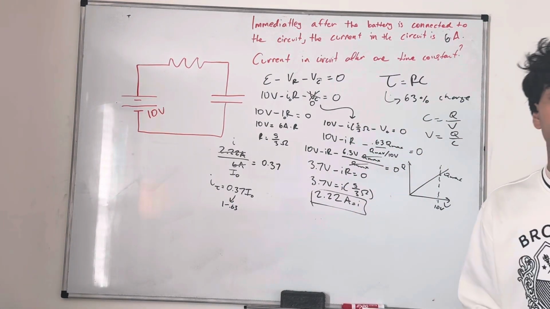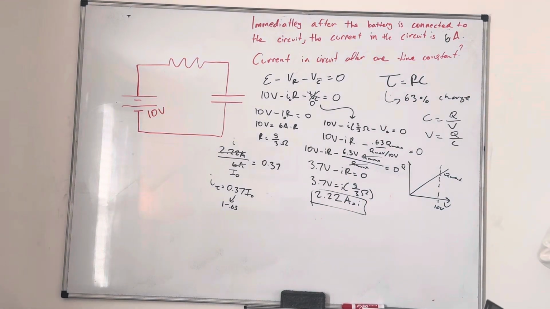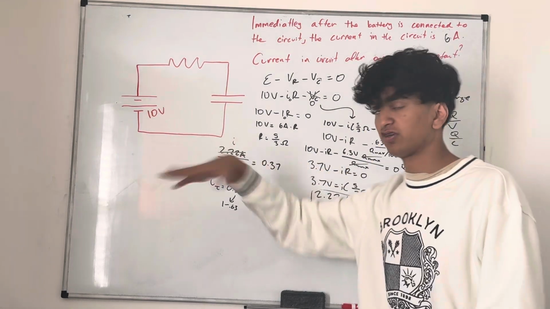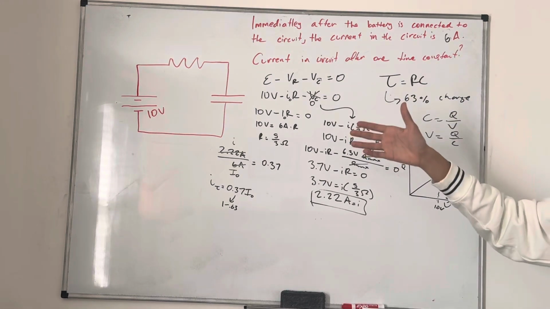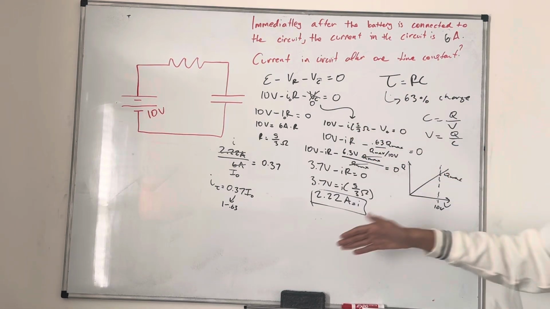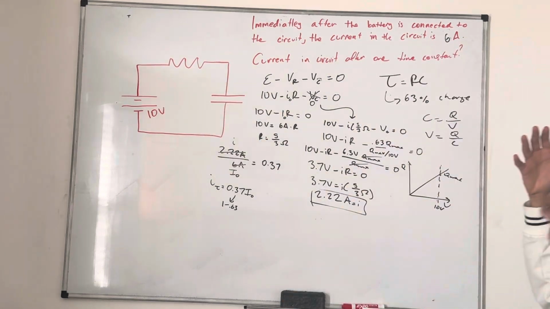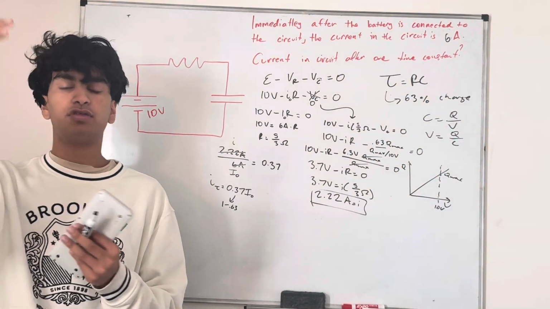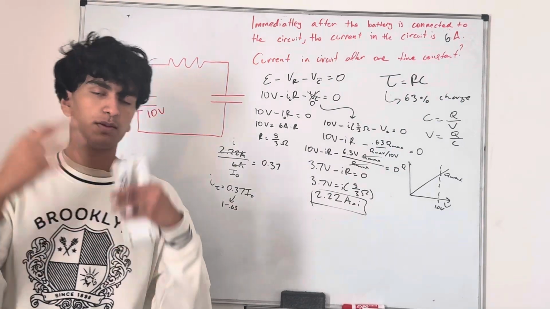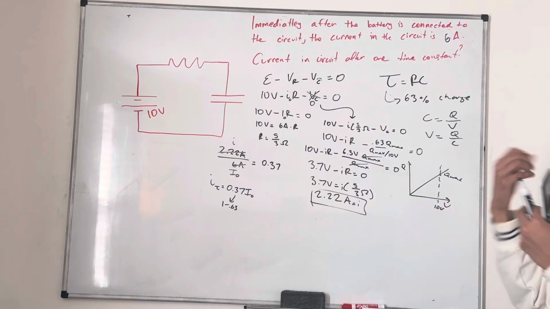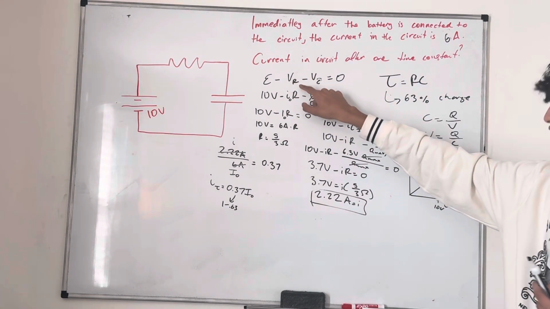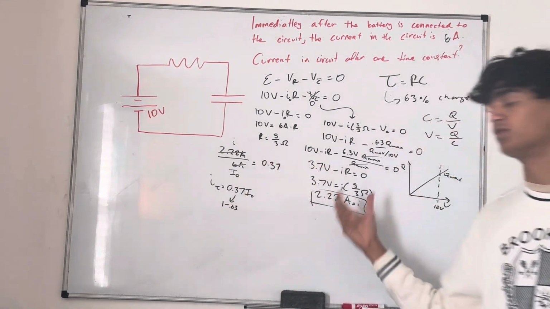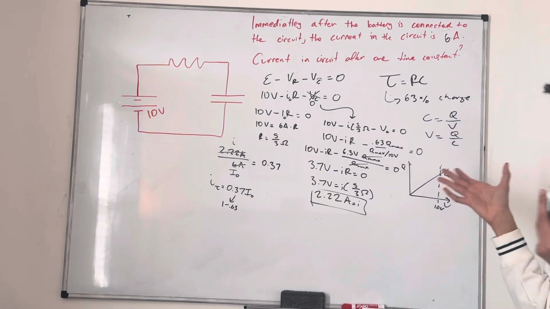My challenge for you, if you're watching this and care about this stuff: mathematically prove, using Kirchhoff's law, or if you're in Physics C, the derivation of the charge on a capacitor as a function of time using the differential equation, that no matter what your voltage is, no matter what the resistance is, no matter what the capacitance is, the current after one time constant is always going to be 37% of the initial current.